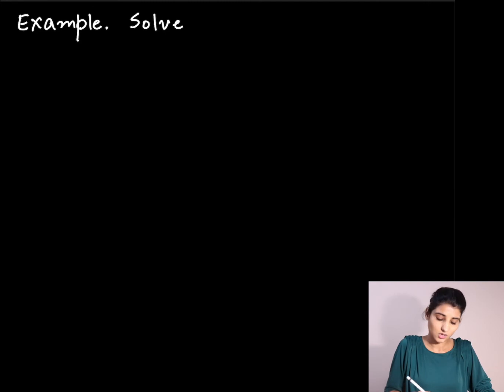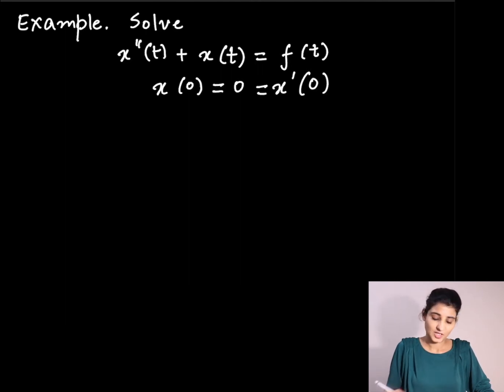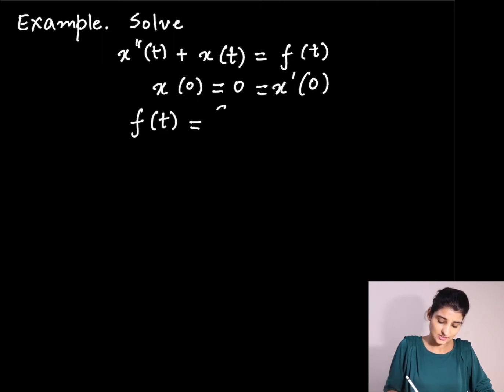So we want to solve x double prime t plus x(t), this x is a function of t, equal to f(t), and the value of x at point 0 is 0 and the value of the first derivative at 0 is also 0, and this function f(t) is defined as 1 if t is between 1 and 5 and 0 otherwise.